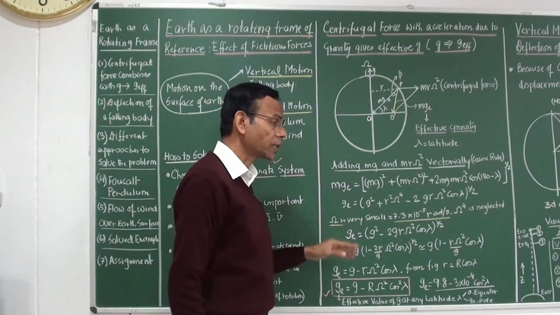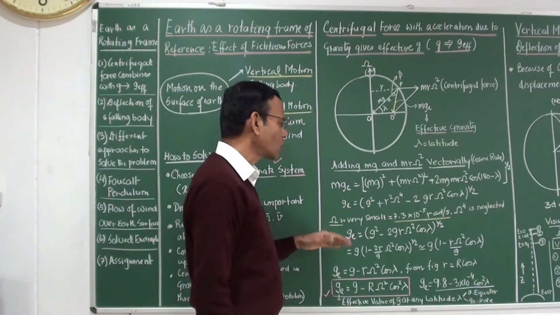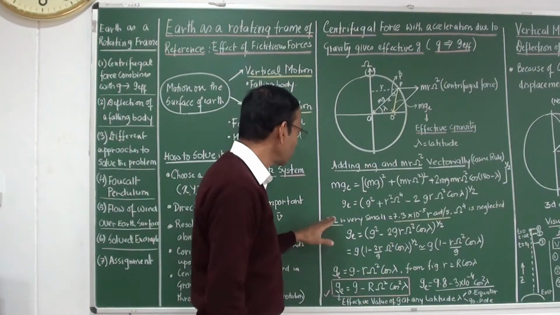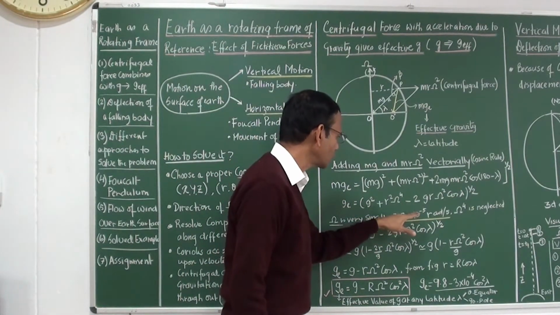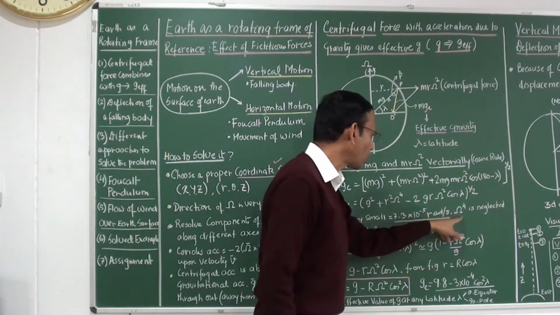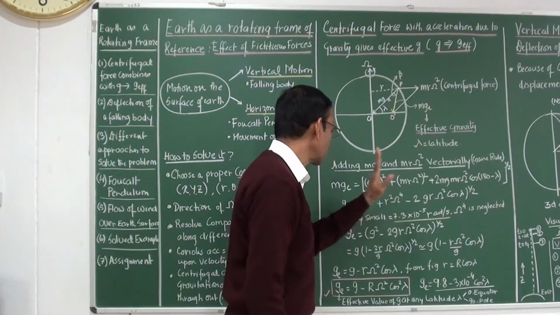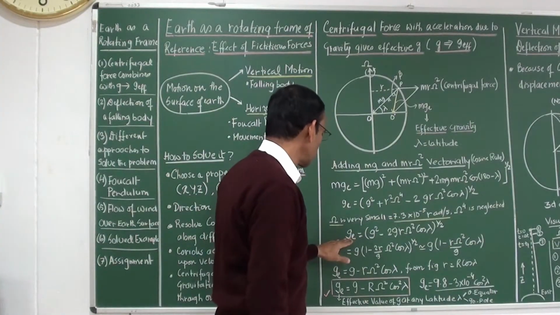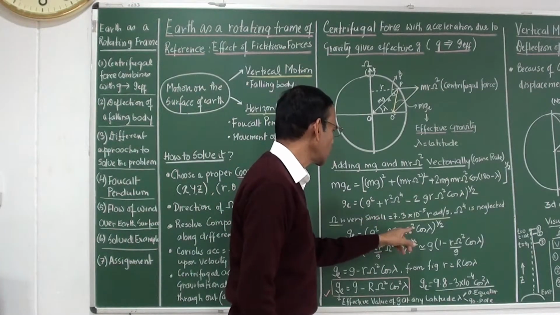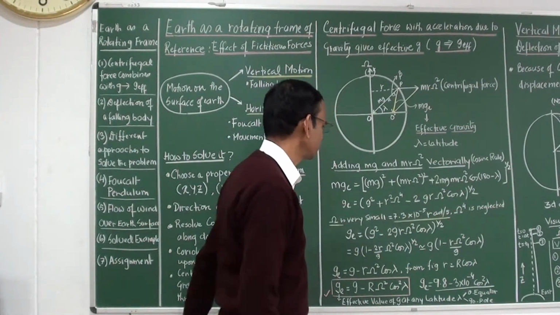This is very important, so it is interesting to note the numerical value of omega. Omega is 7.3 into 10 raised to minus 5 radian per second. So omega to the power 4 is neglected because that is much smaller. So this term is neglected. What we are left with is g E equal to g square minus 2 g r omega square cos lambda, to the power of half. Yes, here it is written correctly.